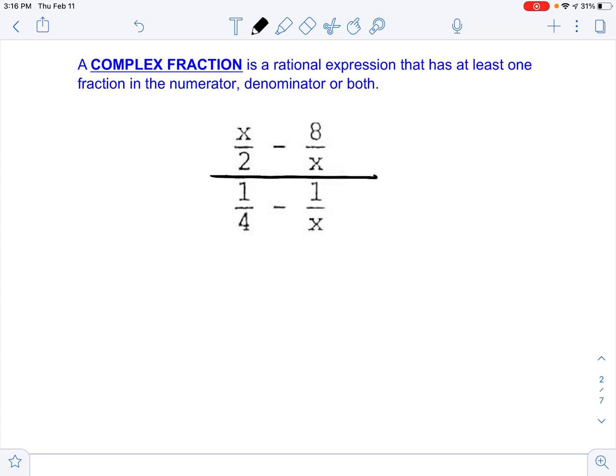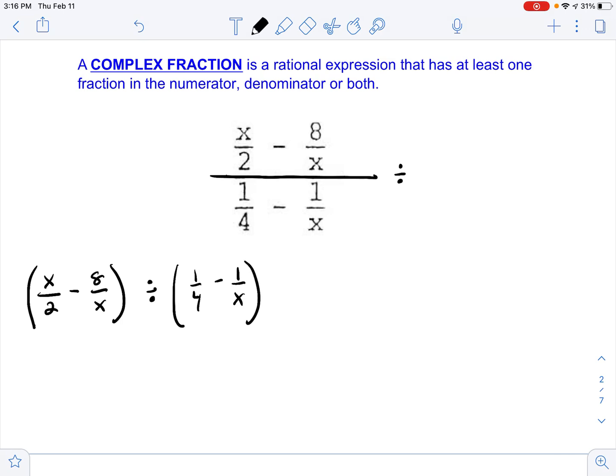So if we think of this as a larger division problem, it's like we are going to take this numerator subtraction and divide it by this denominator subtraction. So what basically has to happen is we can handle this subtraction first, then handle this subtraction second, and take their resulting answers and divide them.